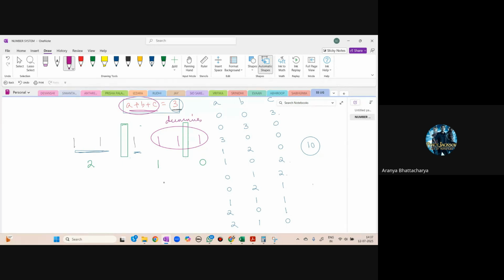And then I took 2 rods and inserted them into 2 places, so that I have A, B, and C, 3 numbers. This is the logic. Clear?